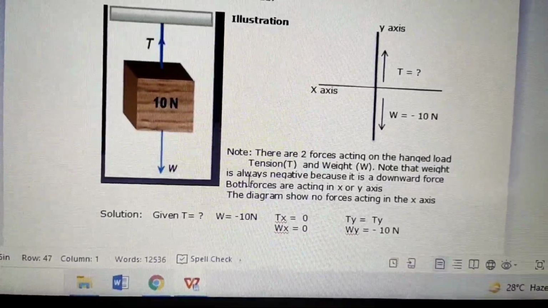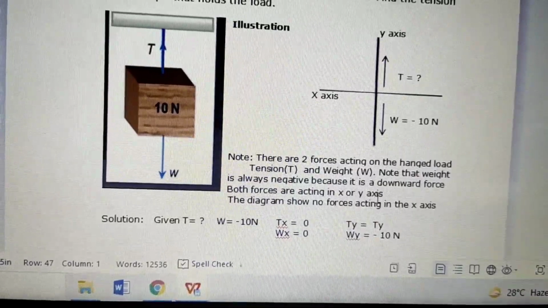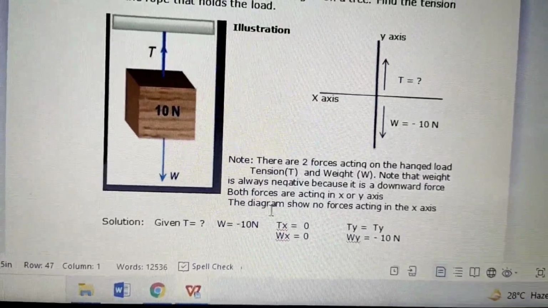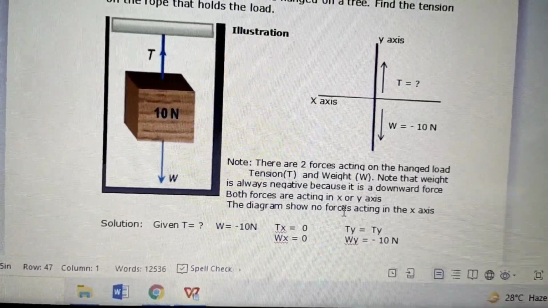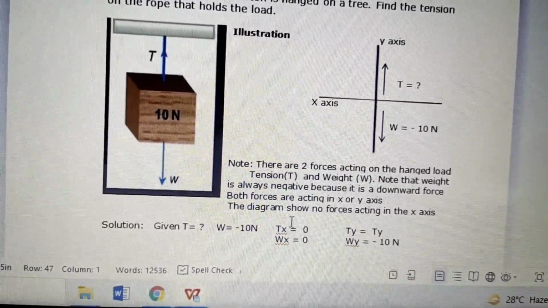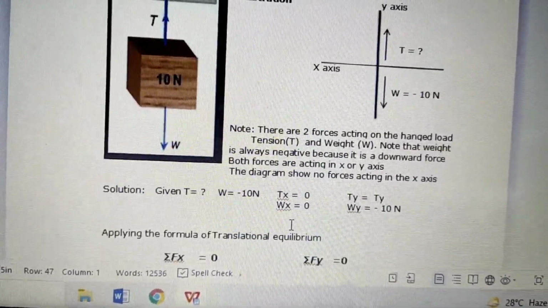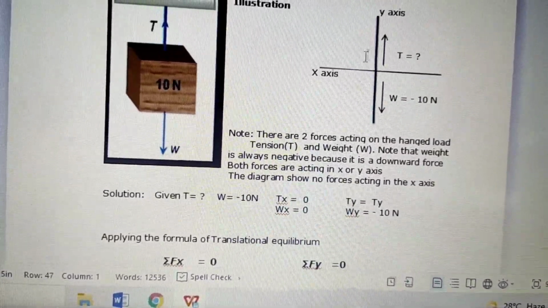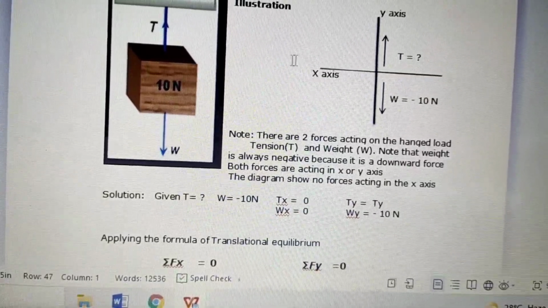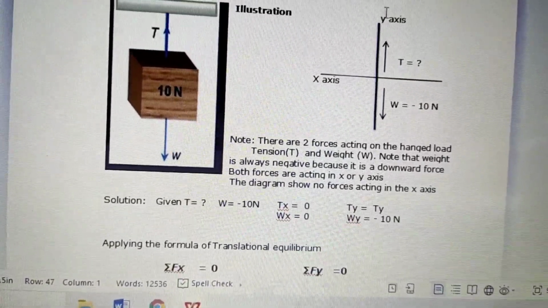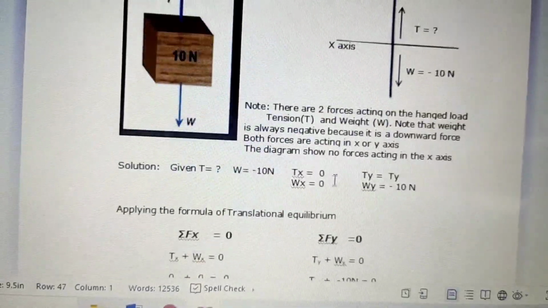Note that the weight is always negative because it is a downward force. Looking at the diagram, there is no force acting on the x-axis. It is only on the y-axis.